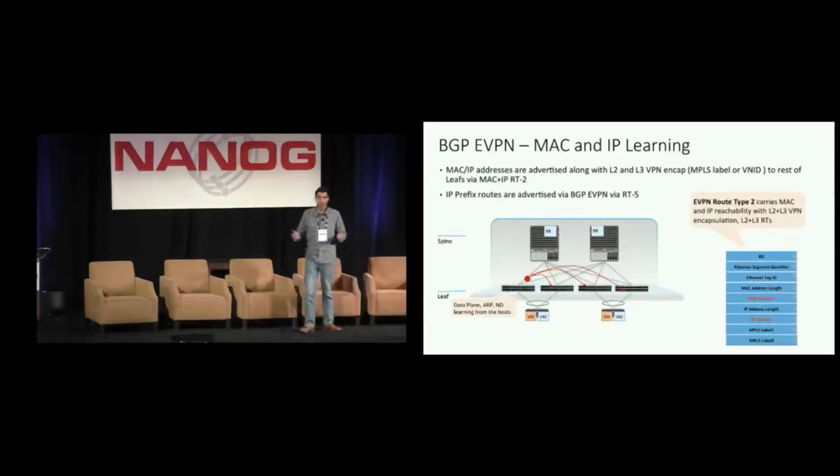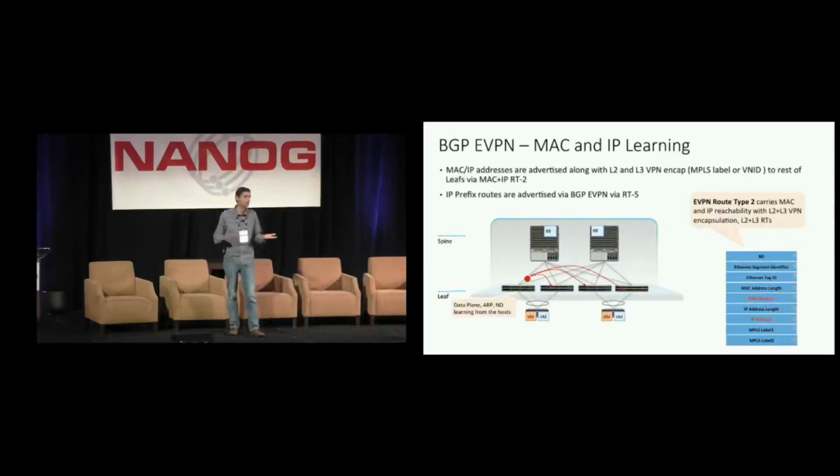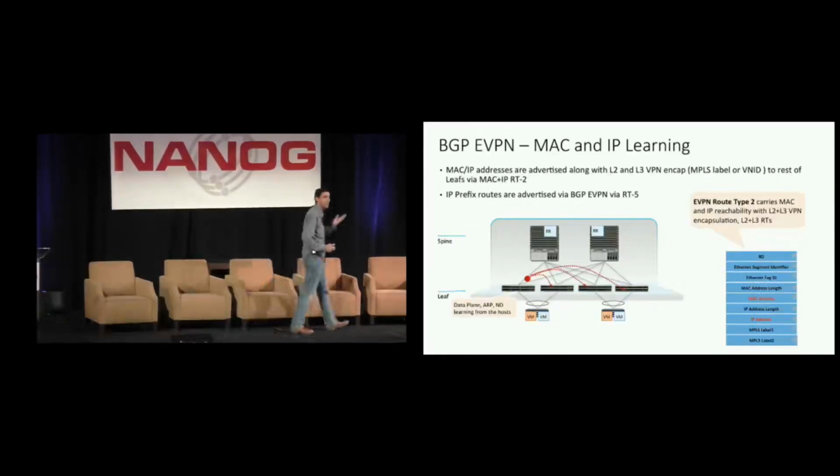So this is really like two routes packed in one. It is advertising MAC reachability to all the leaves that are part of the MAC or layer 2 VPN overlay, along with the layer 2 VPN encapsulation information and the corresponding route targets for import into the MAC VRF.